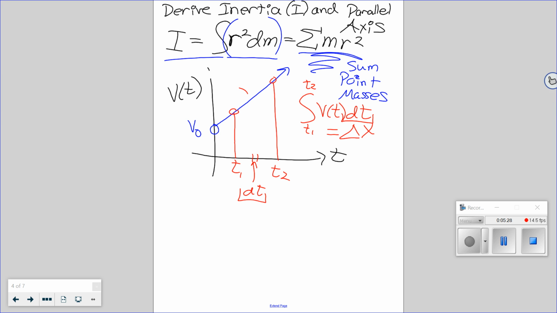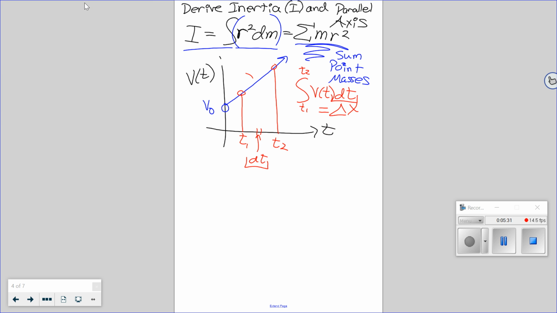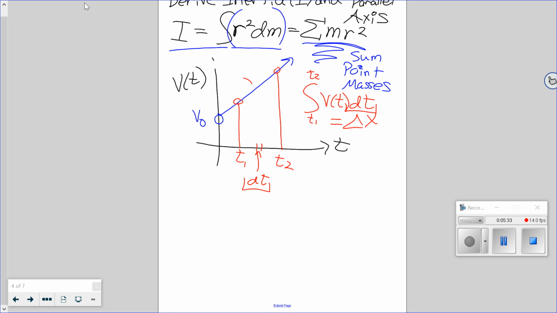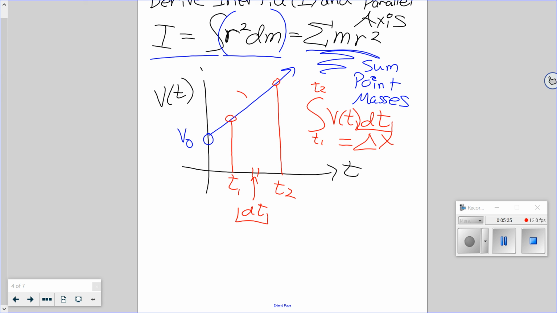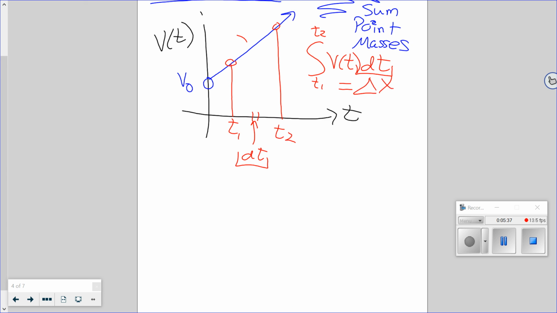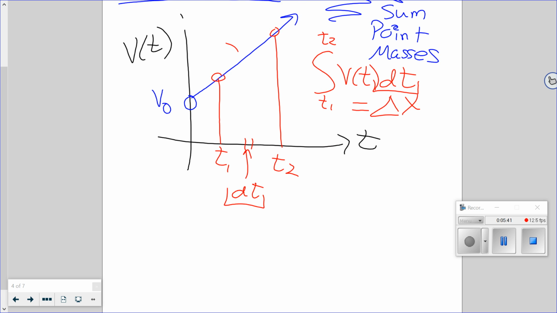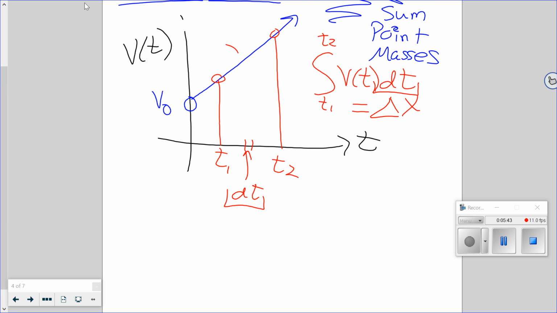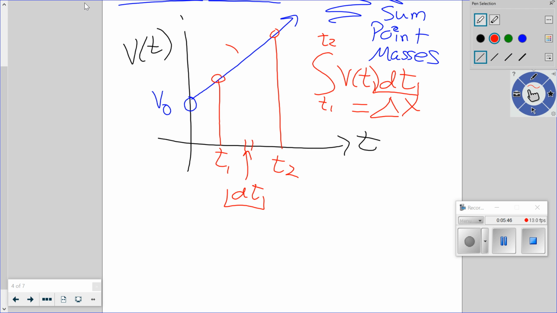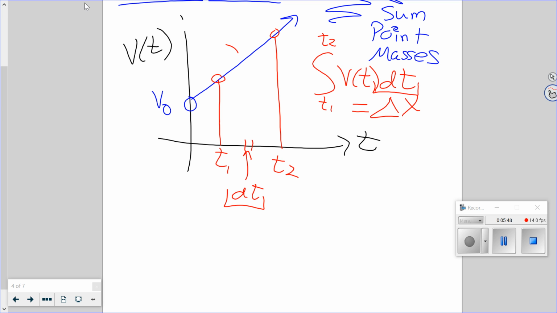I'm going to scroll down, hide this rotation nonsense for now. If I didn't put limits, I would say x of t equals v0 t plus 1/2 a t squared.